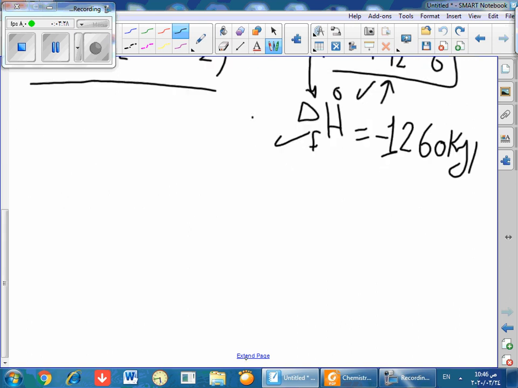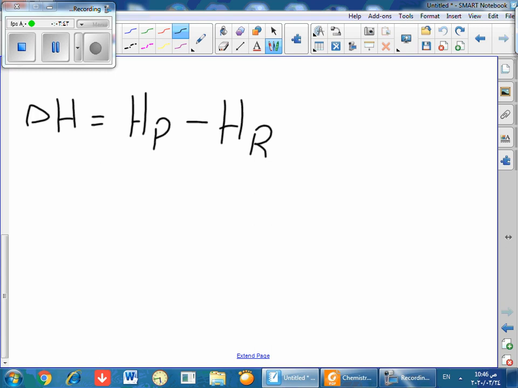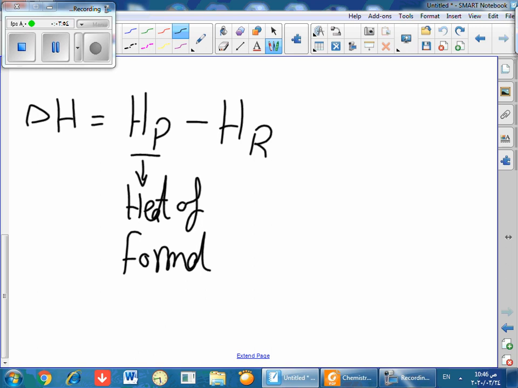So change of heat, delta H, equals the heat content of product minus the heat content of reactant. We will replace the heat content of product by heat of formation of product and heat of formation of reactant.